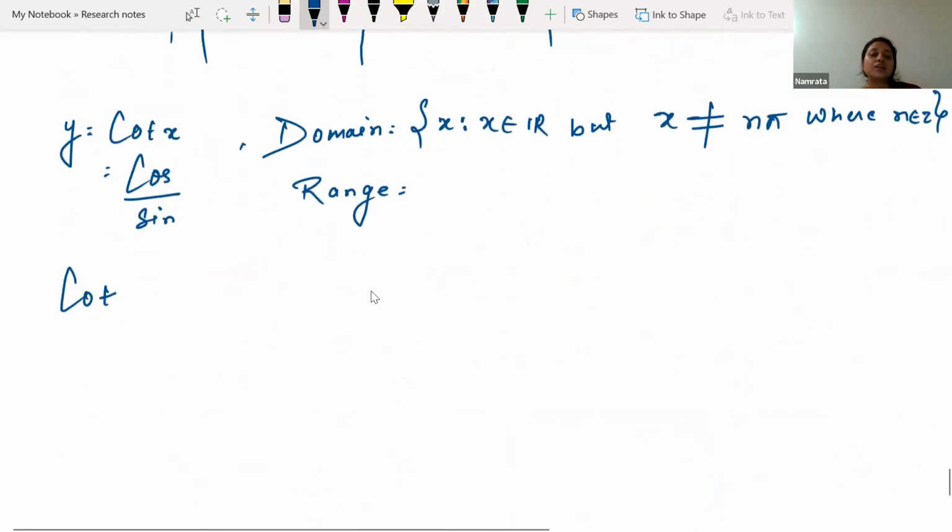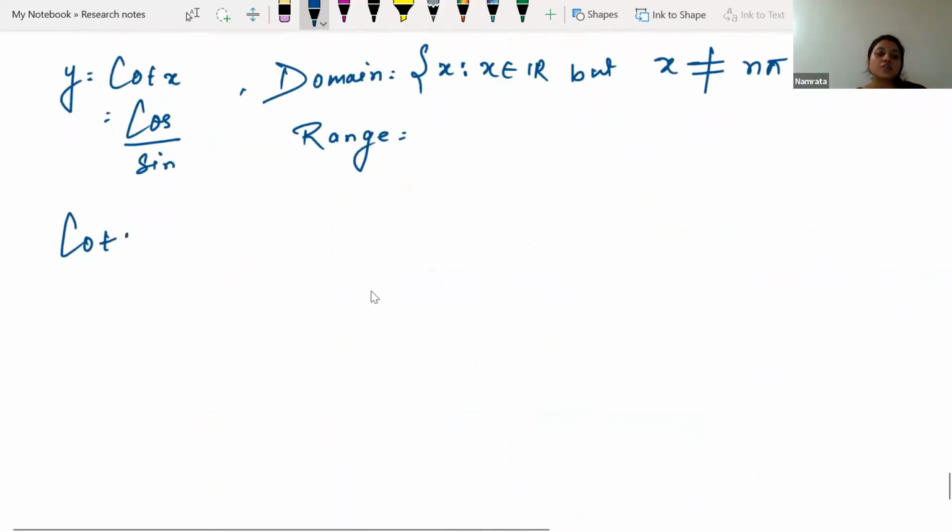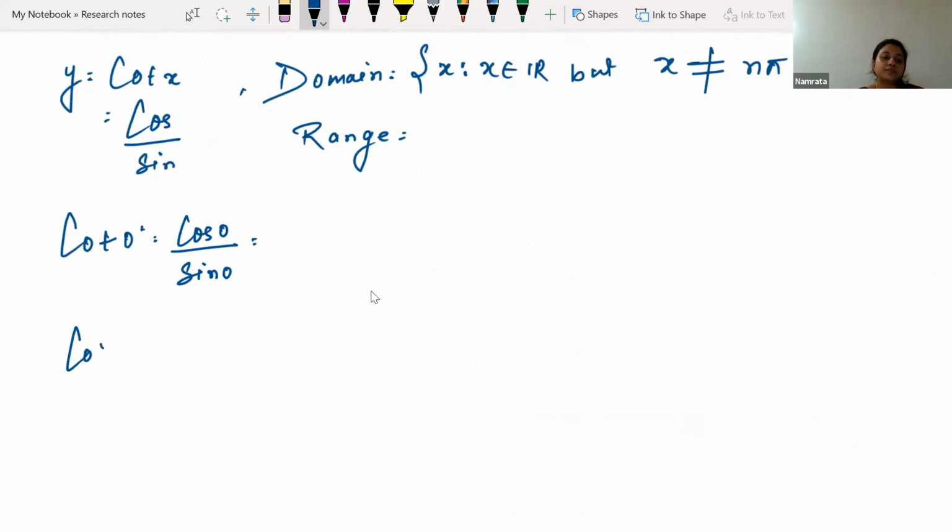Better find it, otherwise you will end up getting confused. So cot 0 means cos 0 by sine 0. What is cos 0? Cot pi by 2 means cos pi by 2 over sine pi by 2. Just tell me the value quickly.